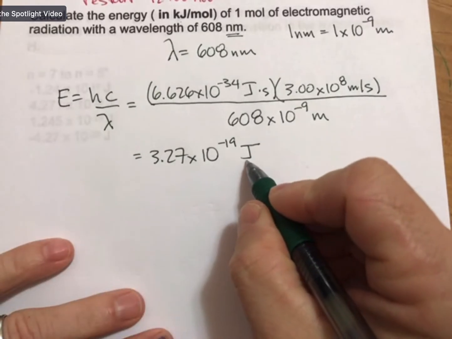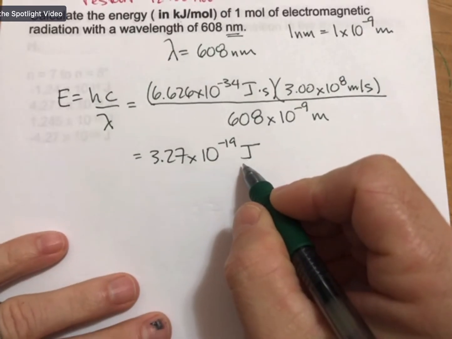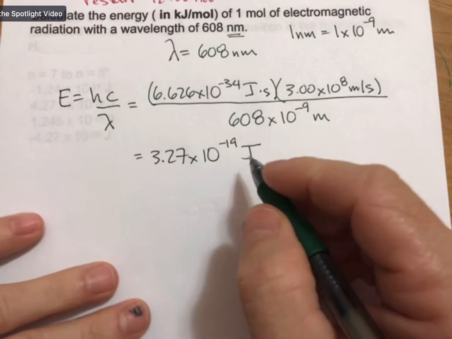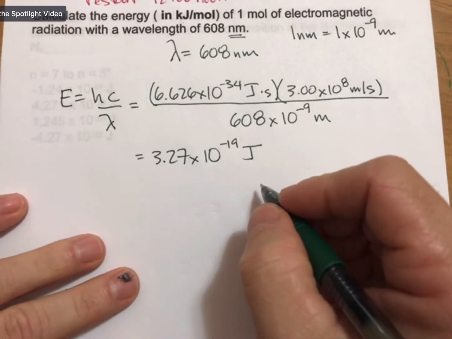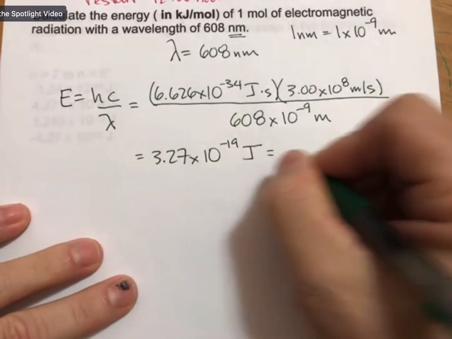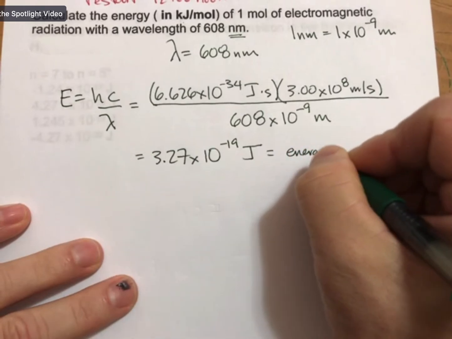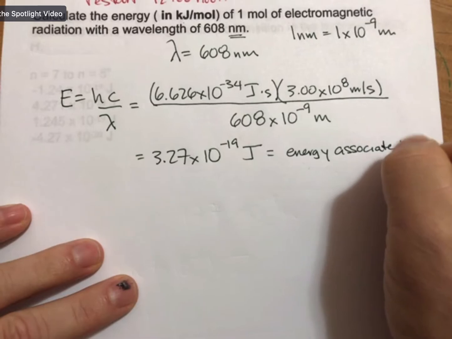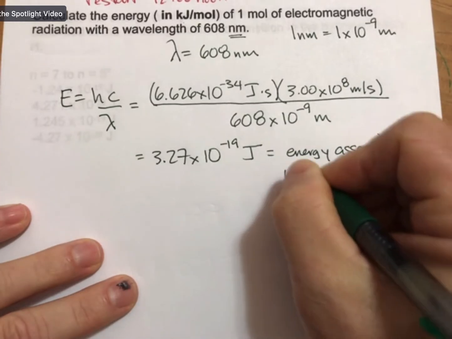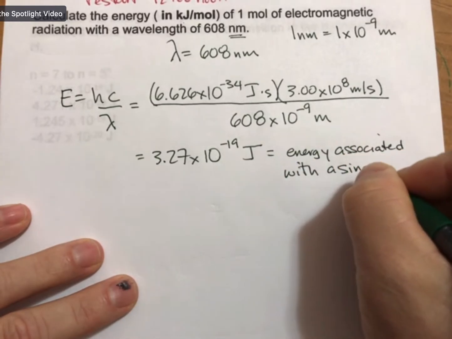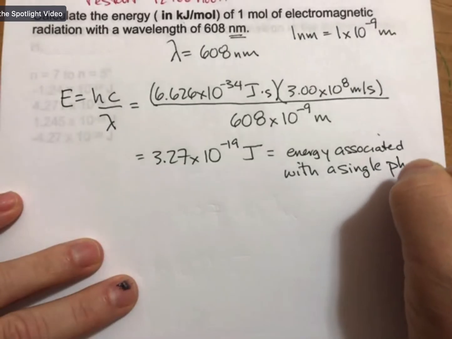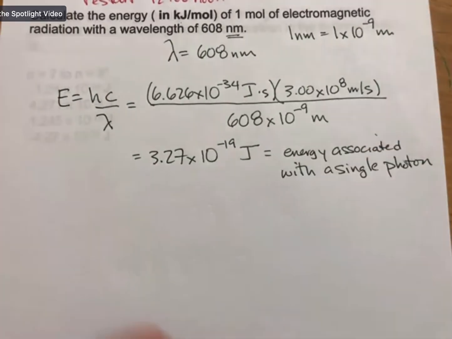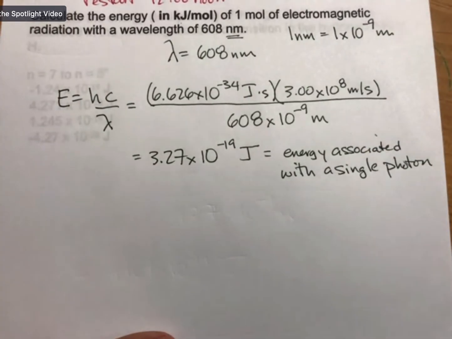Now it's time to talk about what this is. This is the joules, or the energy, associated with a single photon of light.